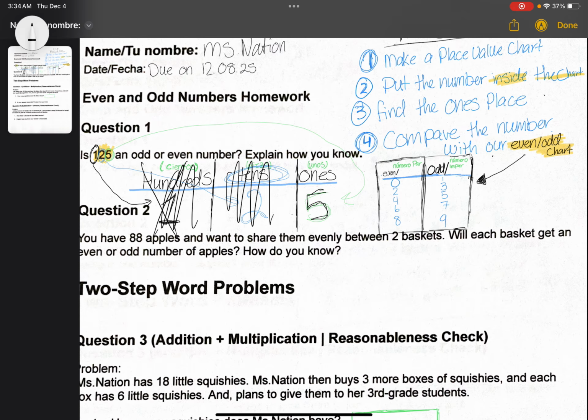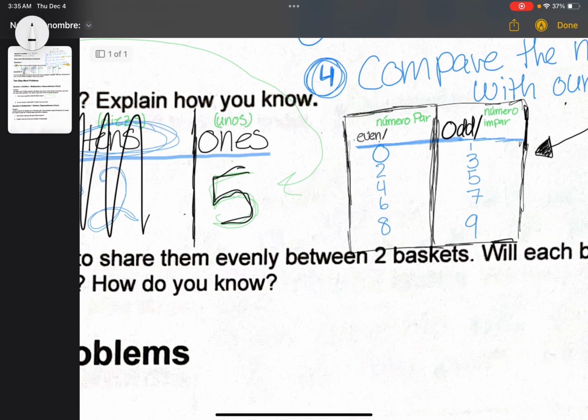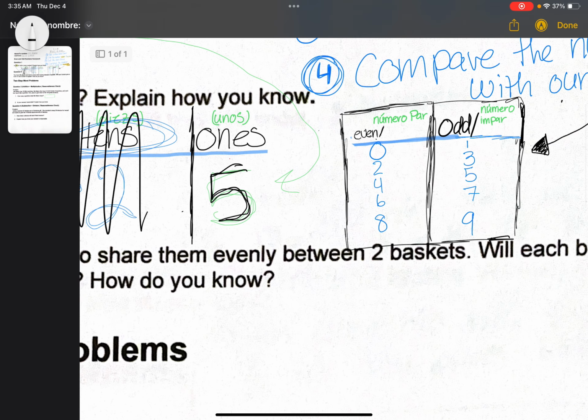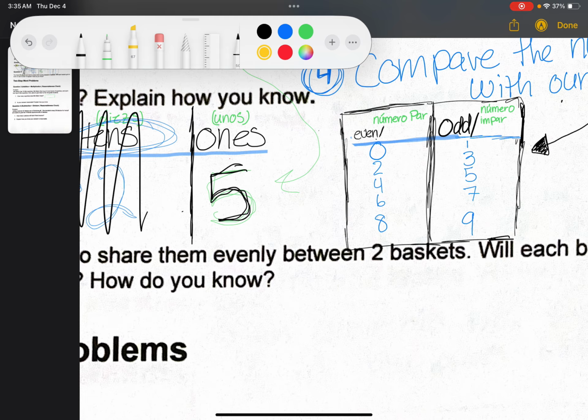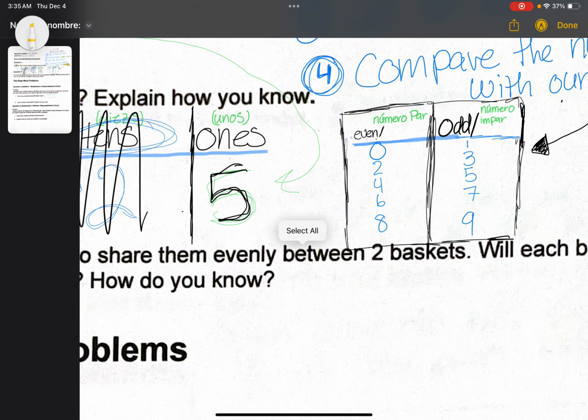Now, I have it in my room, but you guys need to be able to remember these numbers, okay? Now, 5. Is 5 in our even chart or in our odd chart? Now, evens are numbers in the ones place with 0, 2, 4, 6, and 8. 5 does not fit anywhere here, so it looks like it's not going to be even.